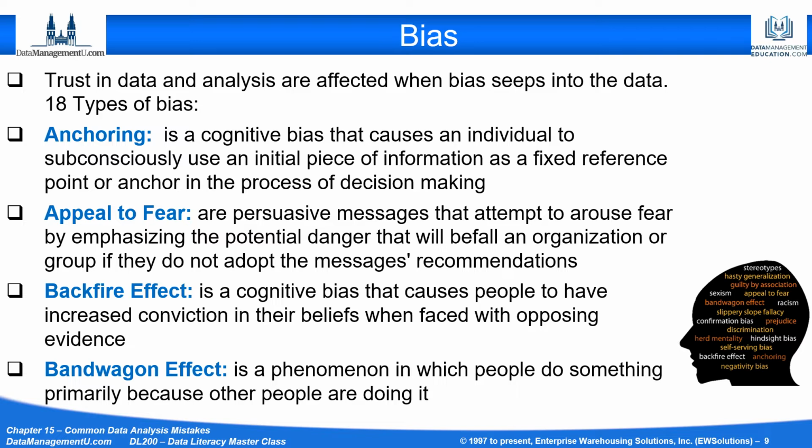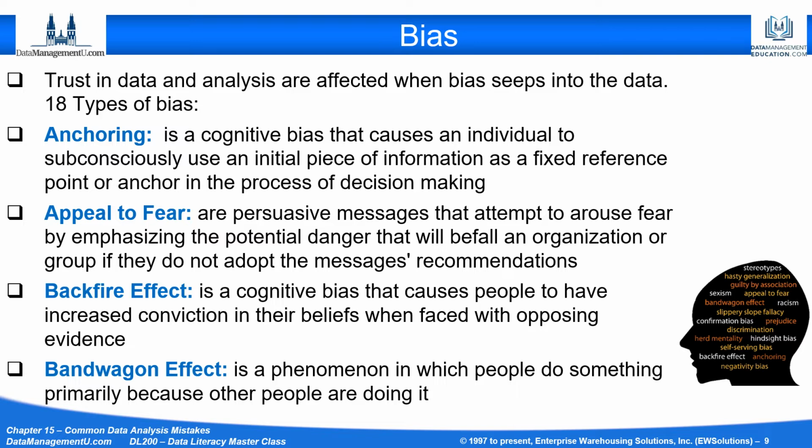You want to be very careful to not allow that initial piece of information to create this anchor that just forces, even if it's subconsciously, a person down a particular path rather than letting the data drive the decision.